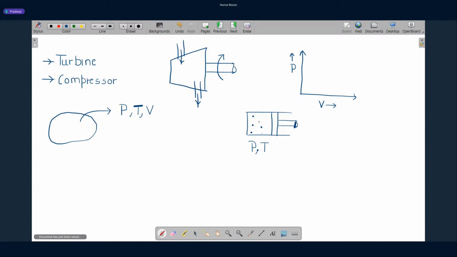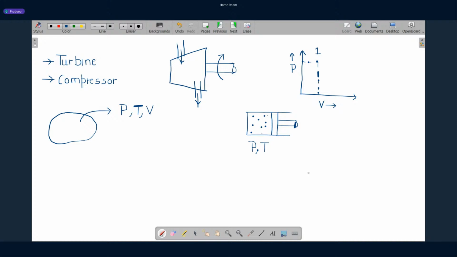At this starting condition, if we know the pressure and the volume of the gas, then we can clearly define the state of the system. So this point tells us the pressure and volume of the gas at state 1, clearly defining state 1.